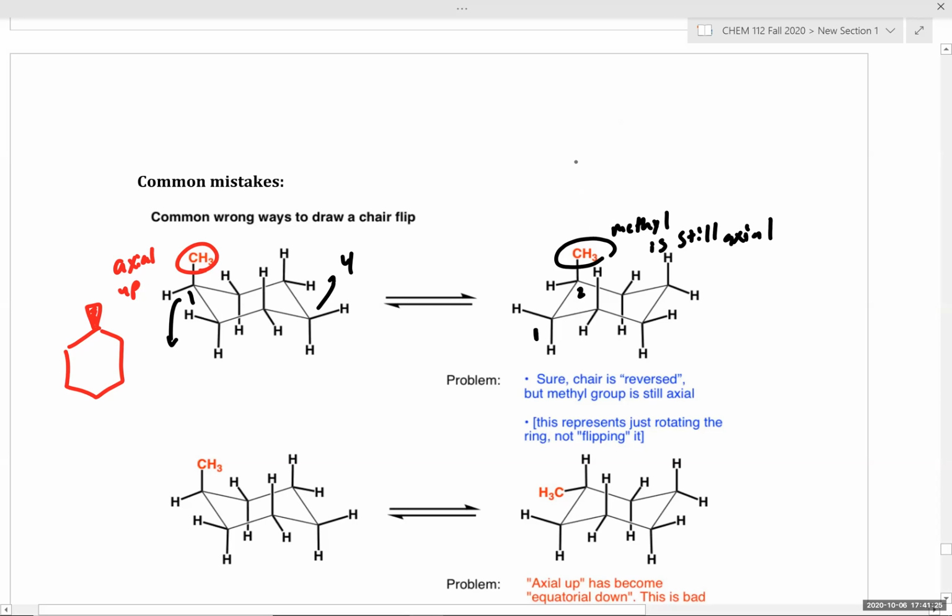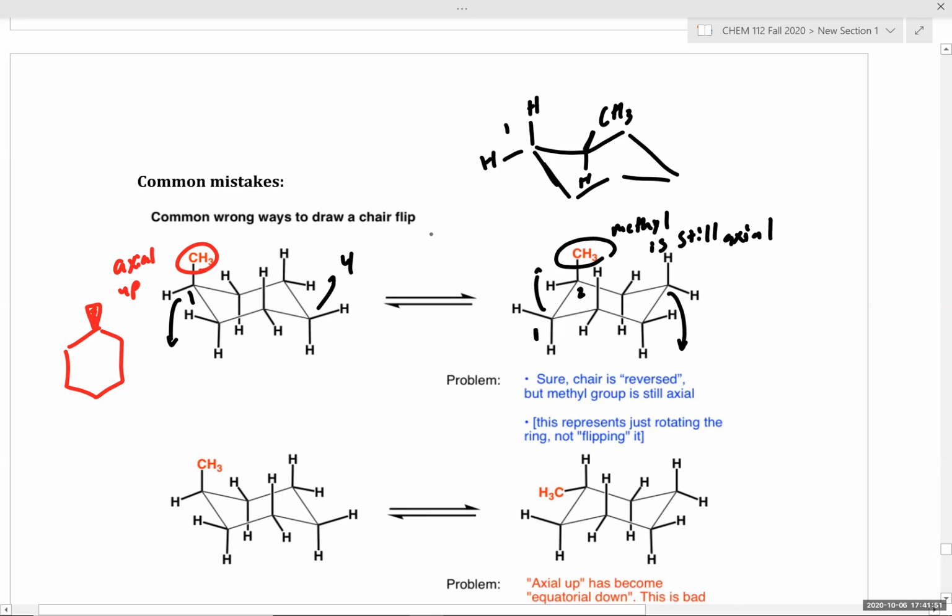So if we wanted to showcase what this structure would look like after a ring flip, just to demonstrate this completely, this would be equivalent to the following structure.